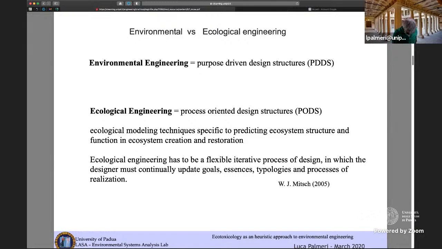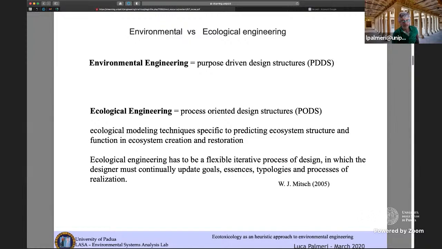In order to employ this kind of description, ecology is, if you want, a system theory branch, or a biology branch into system theory, in which we provide mathematical models in order to describe biological interactions. This is ecological engineering.